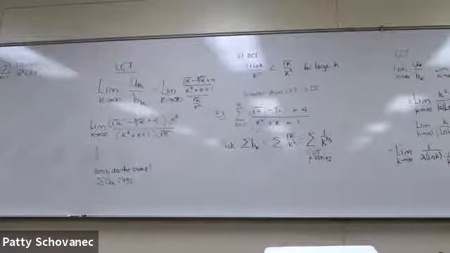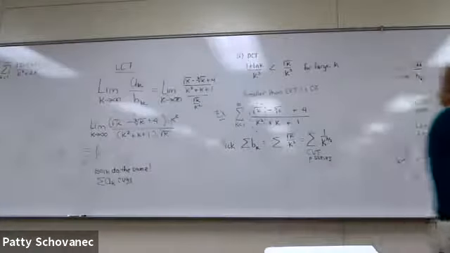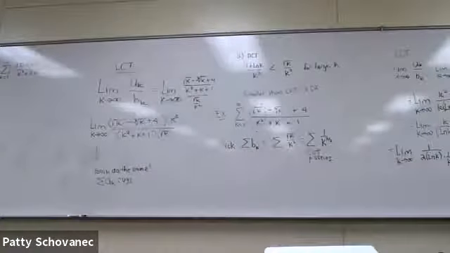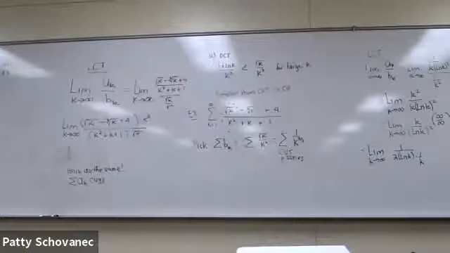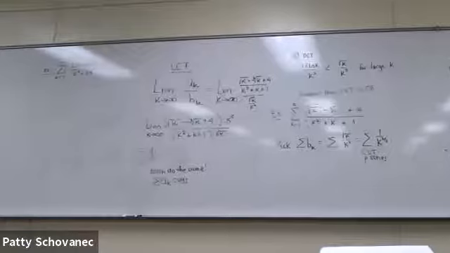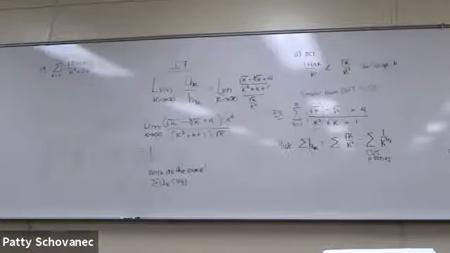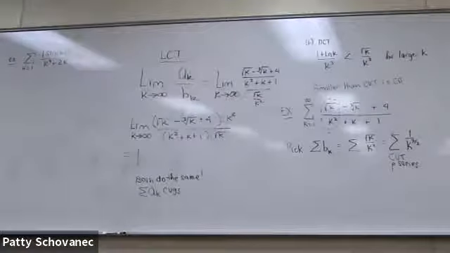The absolute value of the sine of k divided by k to the 4th plus 2k. What would you compare this to?